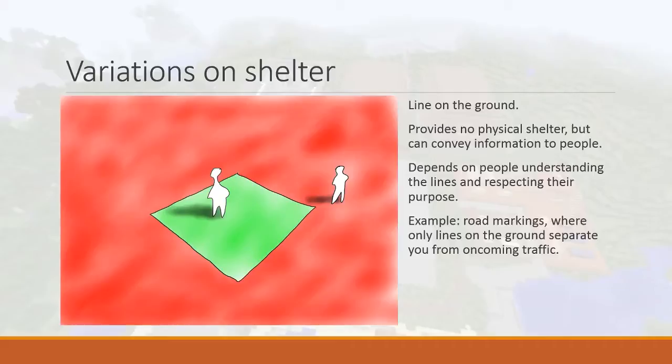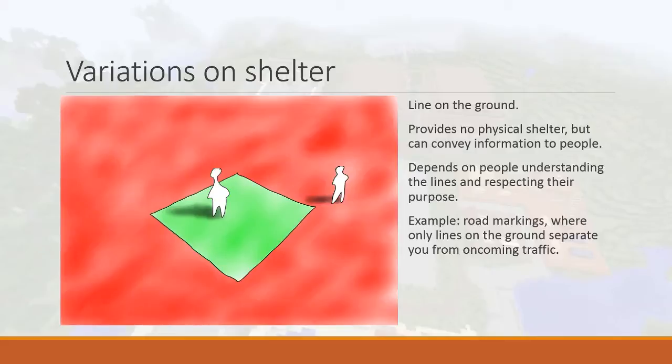Cars do crash occasionally, so it's not completely safe, but as far as it goes, it works because people understand what the lines mean and they're willing to respect them. So that's a line on the ground.